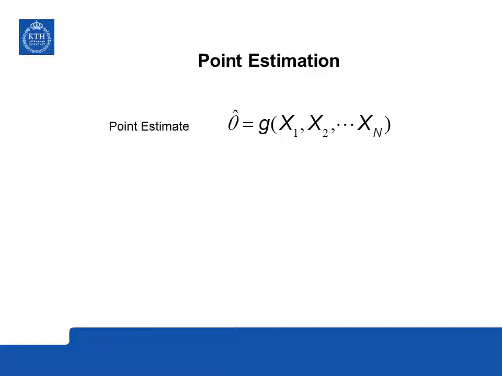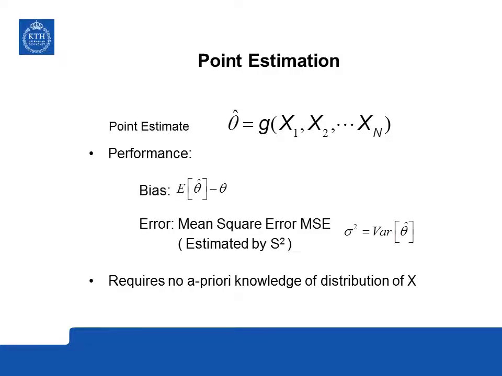The performance of this estimator is how accurately it may estimate the actual value theta. And there are two ways of measuring performance. One is the so-called bias, and that is if you look at the expectation of this random variable theta hat and look how close it is to the actual value of theta.